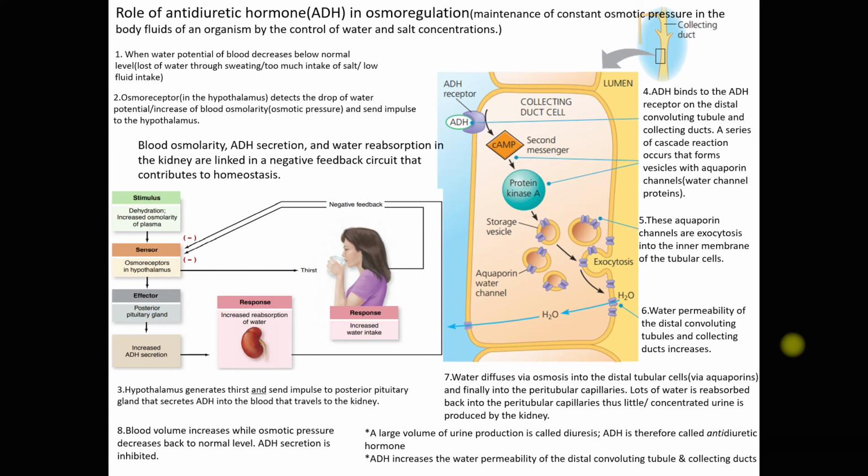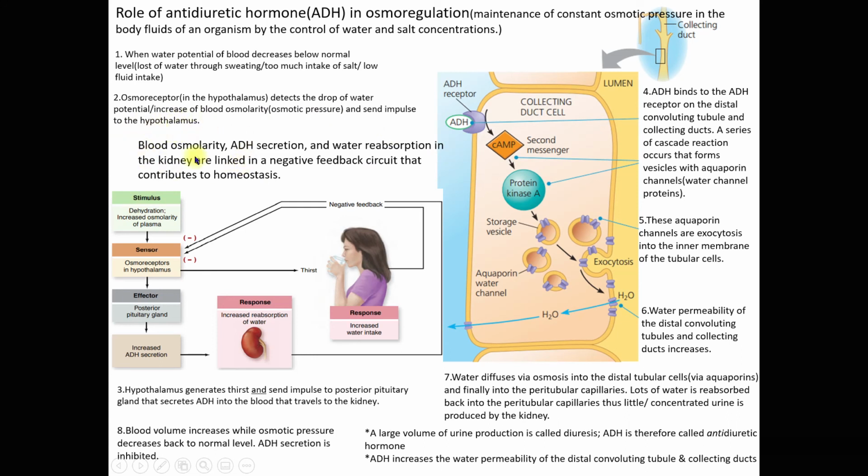So blood osmolarity, ADH secretion, and water reabsorption in the kidney are linked in a negative feedback circuit, which contributes to homeostasis. Okay, that is the conclusion on what we have learned.